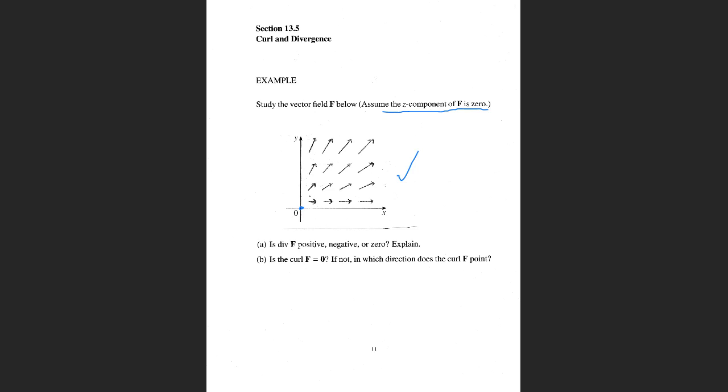Now, does it appear on the field, if we were to put a little piece of paper or something in the field, or like a leaf, think of wind and a leaf, but let's say a piece of paper, would the paper rotate in this field?